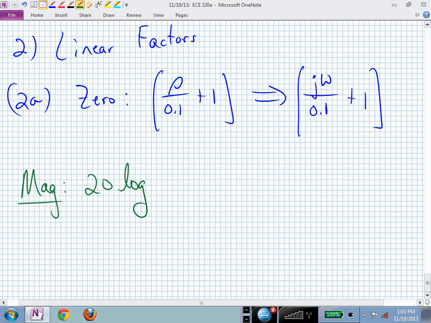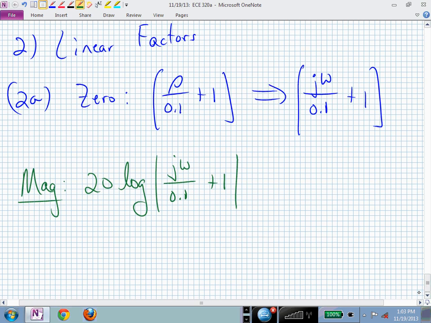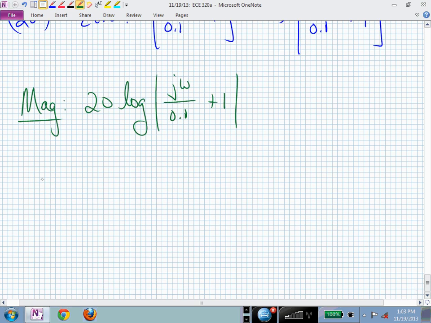So let's apply that to see if we can understand what the magnitude's going to look like. Now we have 20 times the log of the magnitude of j omega over 0.1 plus 1. For small values of omega, what's that argument of the logarithm going to approximately be valued at for small omega?